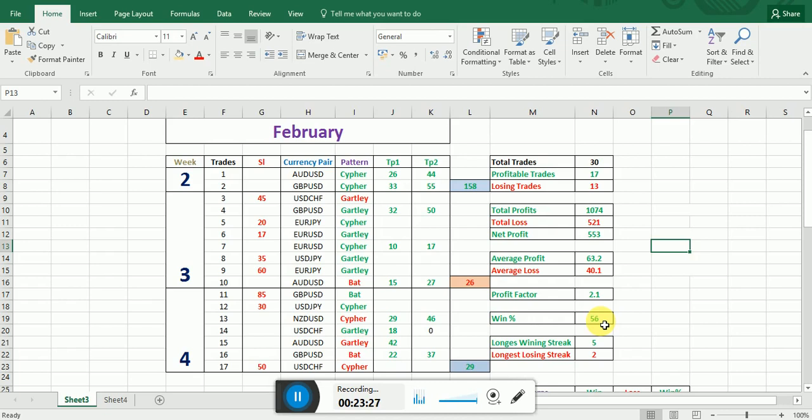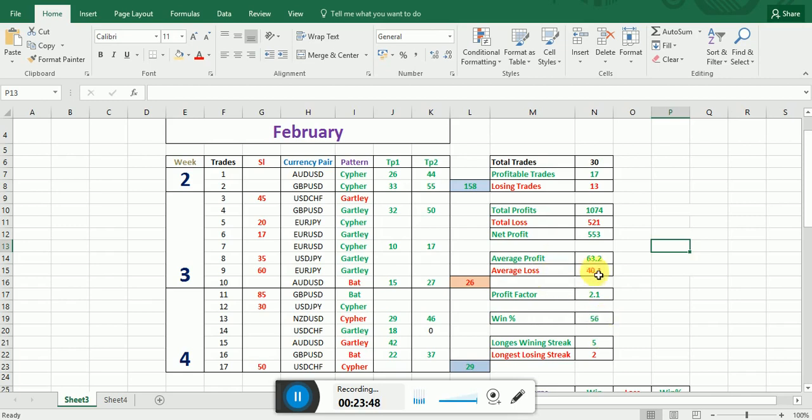I'm going to use these 3 numbers to show you how you can look at your records at a glance and know what to expect towards the end of the year, and how you can use this as powerful psychology to help you deal with losing streaks and things like that.